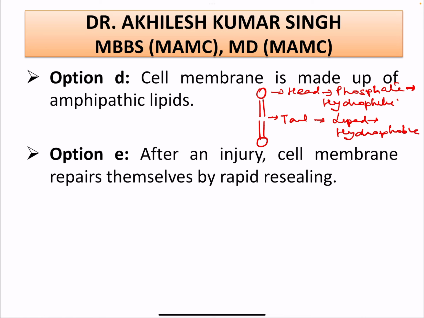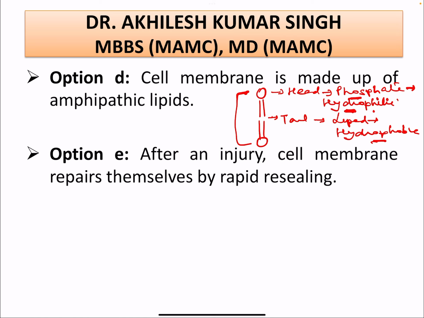So therefore this lipid bilayer has hydrophobic as well as hydrophilic parts: the head, which is made up of phosphate, is hydrophilic, and the tail is hydrophobic. So the cell membrane, the phospholipid bilayer, has both hydrophilic and hydrophobic.